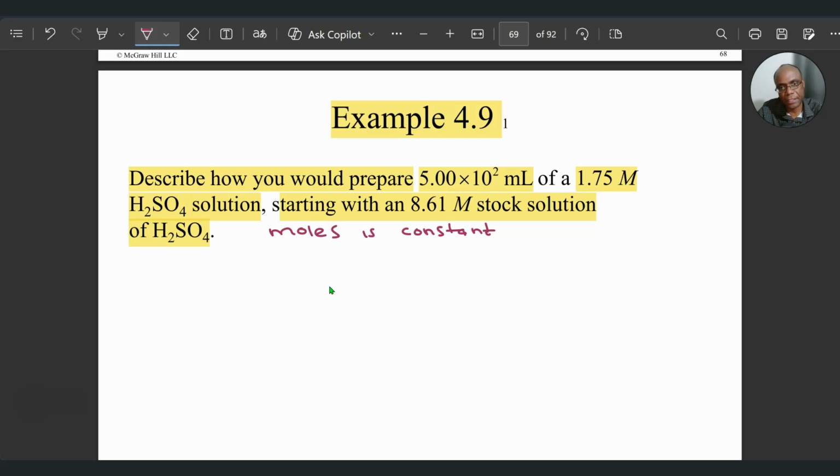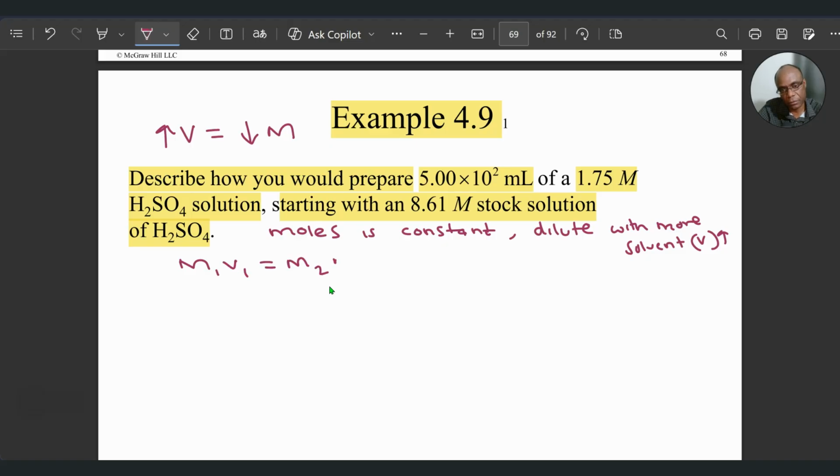All we are changing here is the volume, because it looks like we are diluting. And how do you dilute? You dilute by adding more solvent. So volume increases, moles stay constant, and as volume increases, concentration decreases. Increase in volume equals decrease in concentration. So we are safe to use M1V1 equals M2V2, or MiVi equals MfVf.